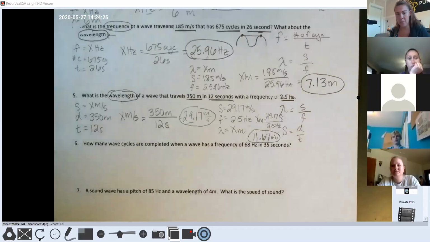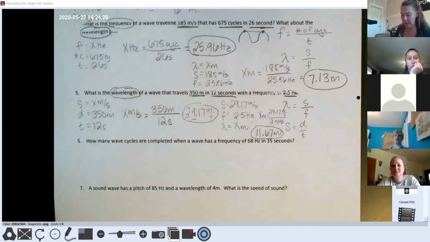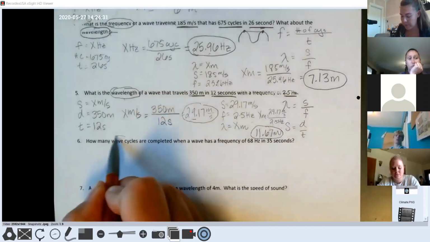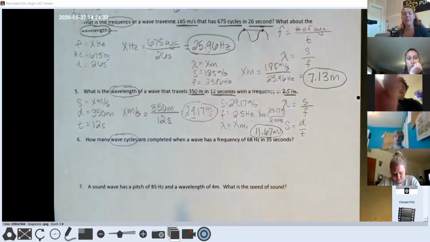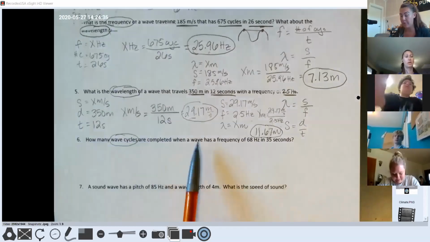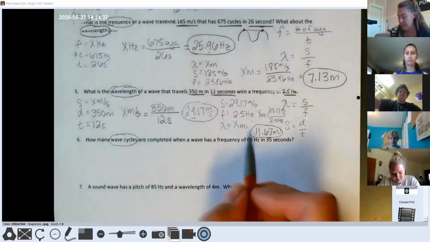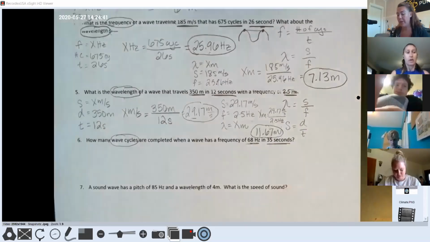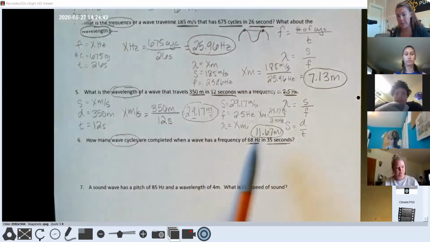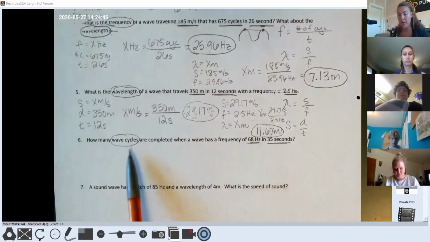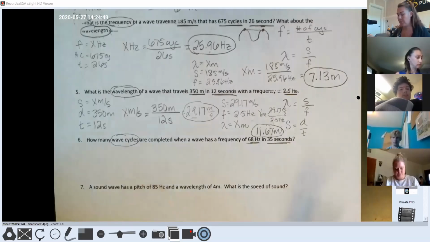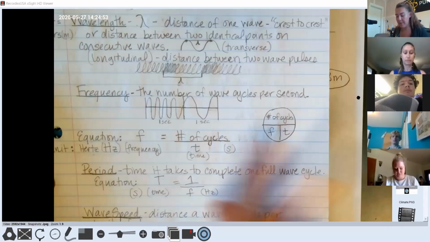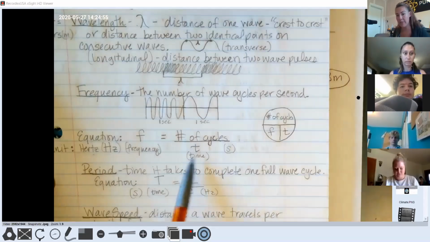Okay, so the next one, now we're looking for how many wave cycles. How many wave cycles are completed when a wave has a frequency of 68 hertz in 35 seconds. So we're given a time and we're given a frequency, and now I want to know number of cycles. That would be back to this lovely equation, because I'm given frequency and time, I'm looking for number of cycles.